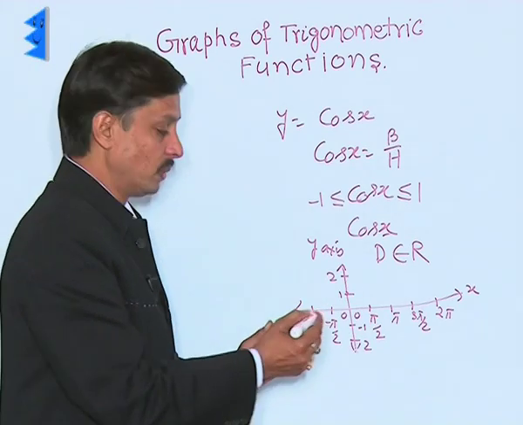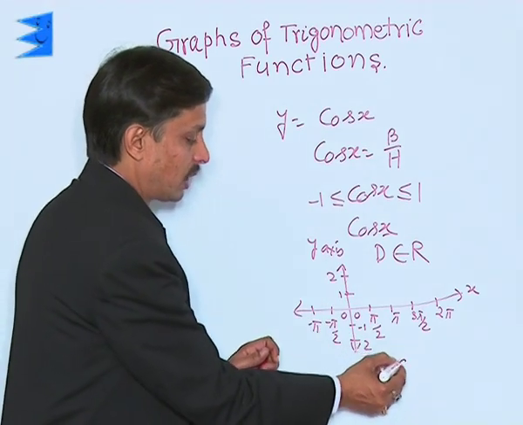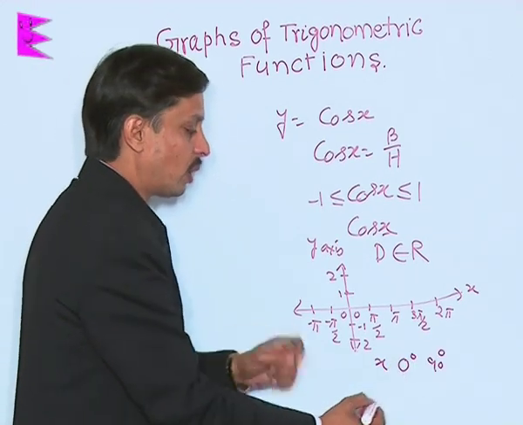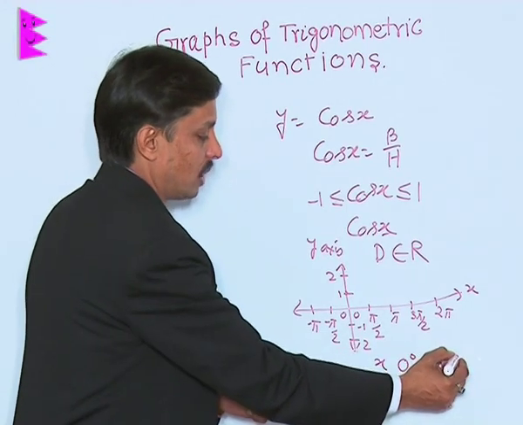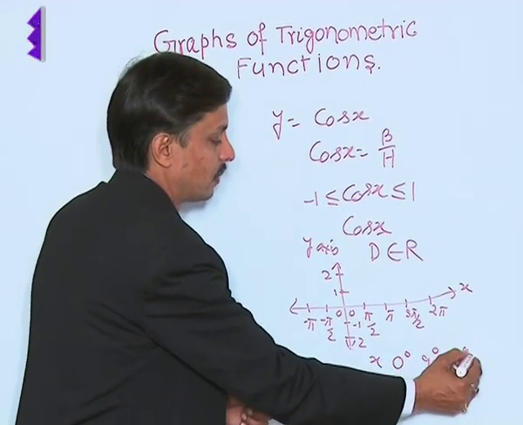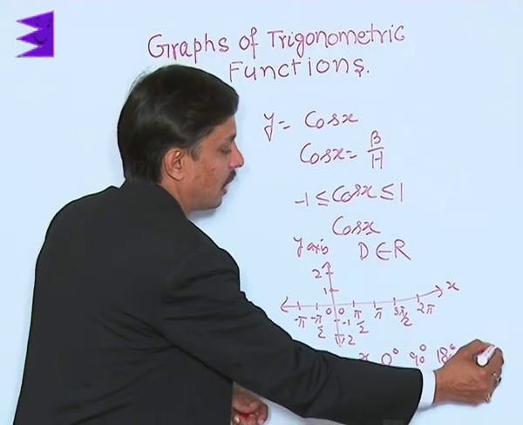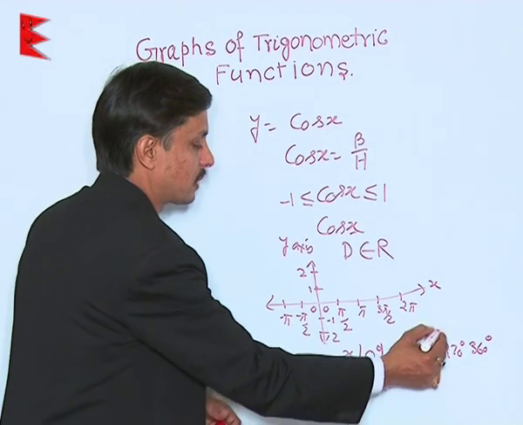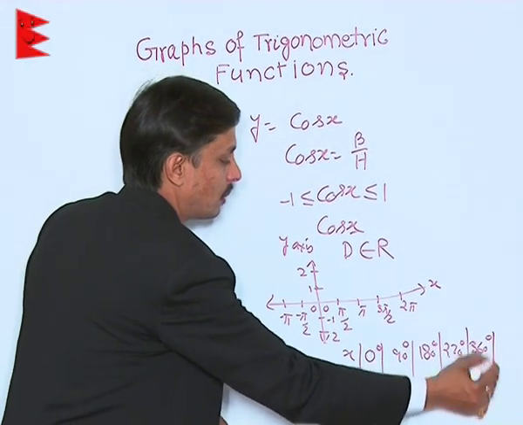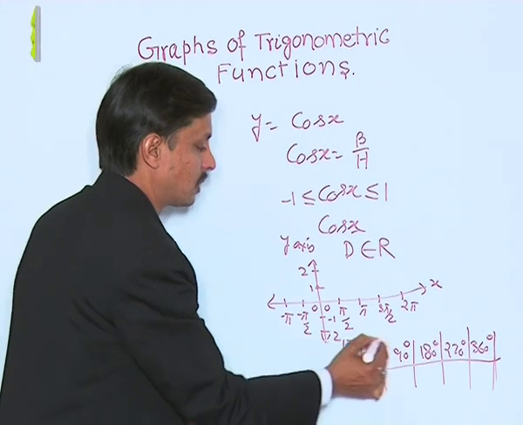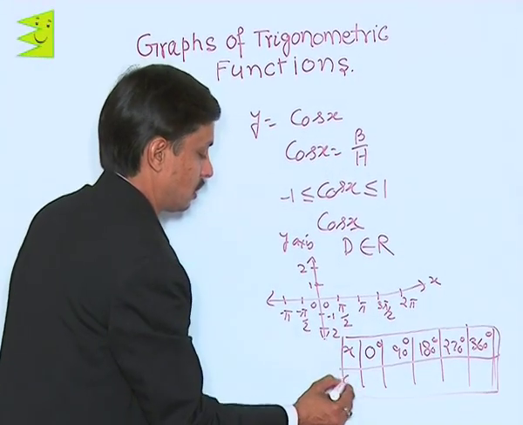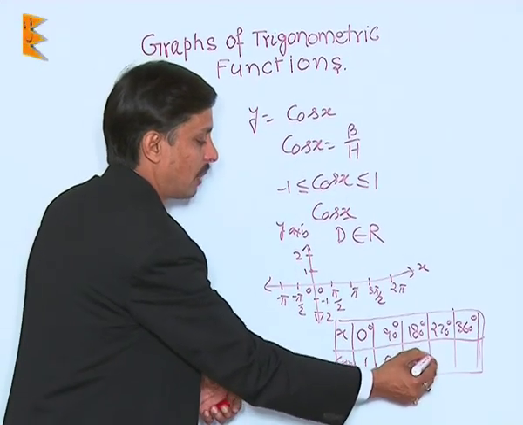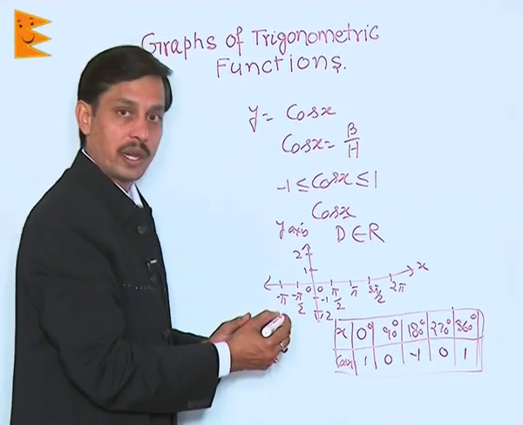Cos 90 is 0. I can also explain this in a table. If x is 0, 90 degrees or pi by 2, 180 degrees, 270 degrees and 360 degrees, then the values of cos x are 1, 0, -1, 0, 1.